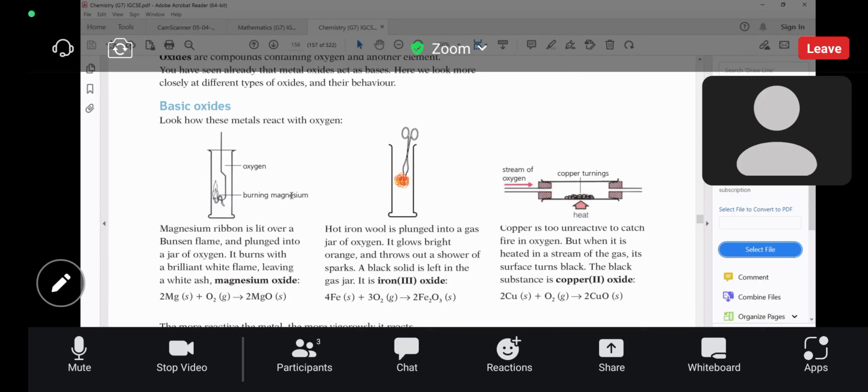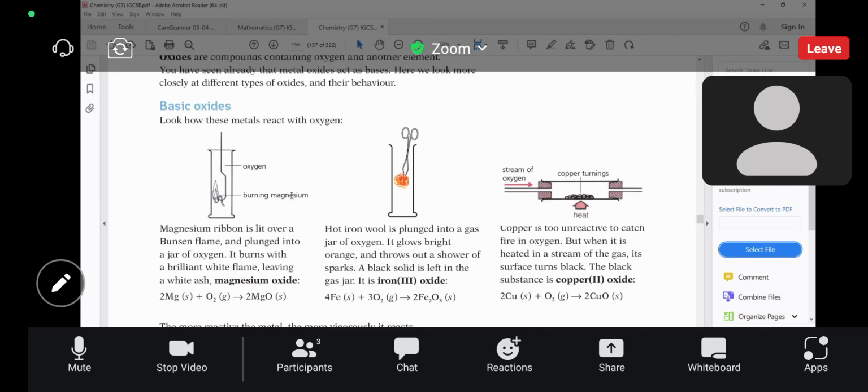We have already looked at the properties of oxygen in the last class. So this magnesium will burn and provide a white flame, and it will leave ash.